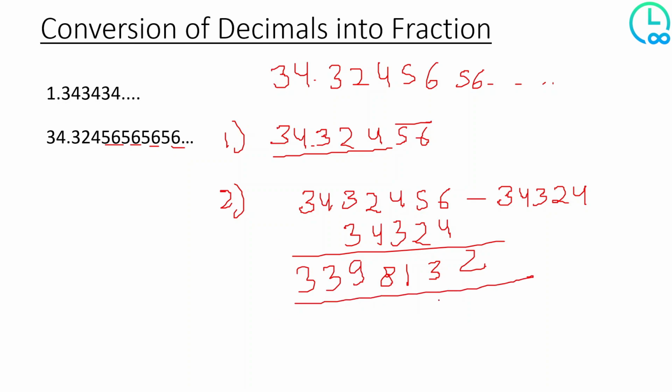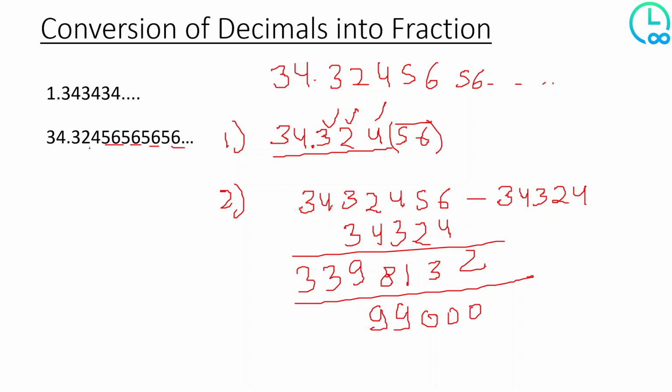Now the denominator part will have 9s and zeros. The 9s will be decided by the number of digits under this bar, the number of digits that are repeating. That is 2, so there will be two 9s. The number of zeros will be the number of digits after the decimal that are non-repeating. How many digits? 1, 2, 3. Three digits are non-repeating, so there will be three zeros.